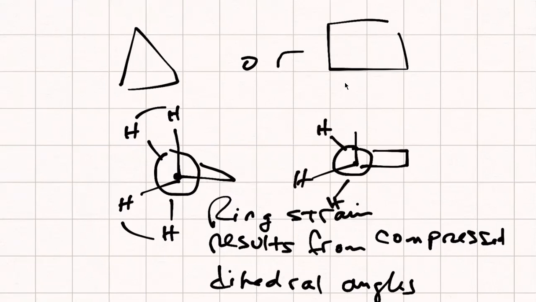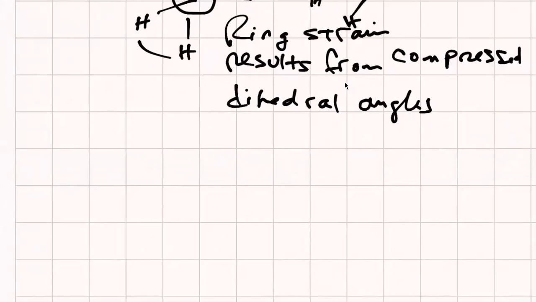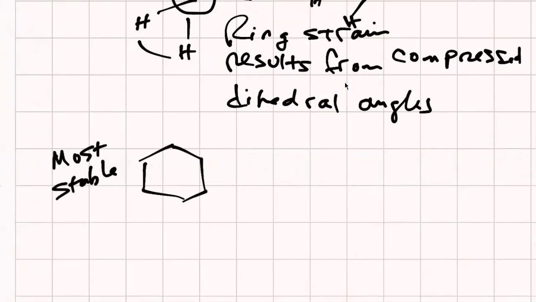If you look at that dihedral angle, it widens as the ring gets bigger. So your most stable ring system is obviously going to be a 6-membered ring. Right, that bond angle and the dihedral angle is about as close as you can get to the normal geometry for carbon in a ring.